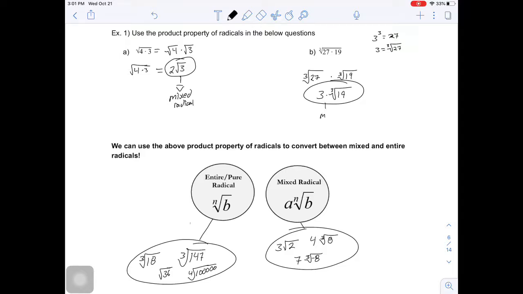This is also a mixed radical. This technically up here is an entire radical because everything is underneath the cube root. So without even realizing it, you made a mixed or an entire radical into a mixed radical. We're going to learn a little bit of an easier way to do this. So let's move forward.